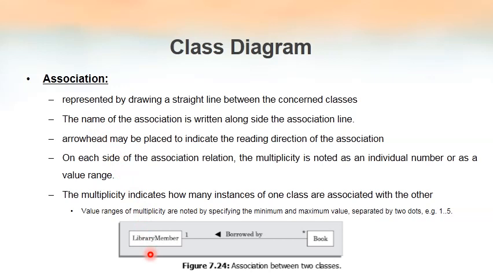For representing an association, we have to draw a straight line between the concerned classes, and above the line we must mention the name of the association, and we can also use the arrowhead to indicate the direction in which this relation is going.